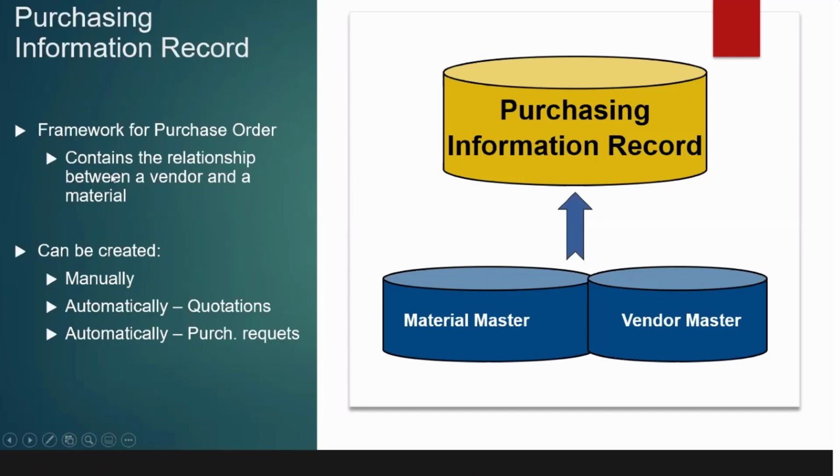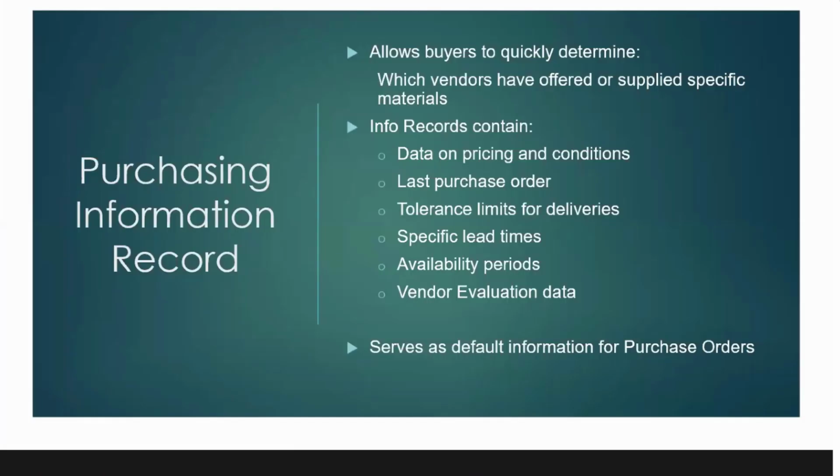So we put it in something called purchasing info records. The purchasing info records contain the relationship between the vendor and material. And you can create purchasing info records manually, or automatically using quotations, or automatically using purchasing requests. We'll see later how to do it.